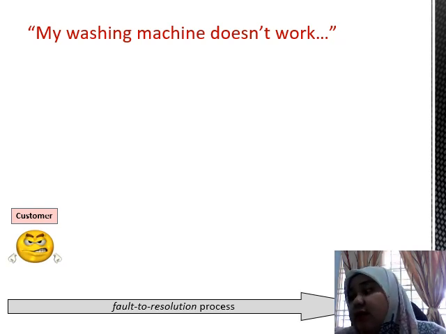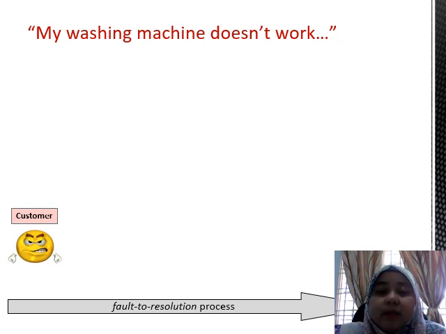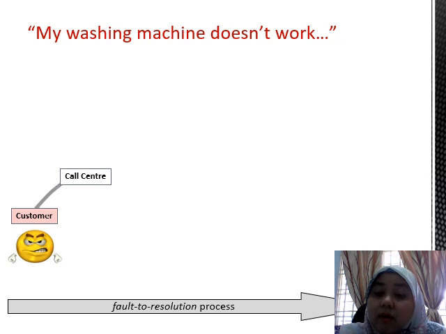So the customer will get very angry because they cannot use their washing machine anymore. Why? Because of the fault. Okay, and then customer will easily get mad. They call the washing machine center, for example, a brand.